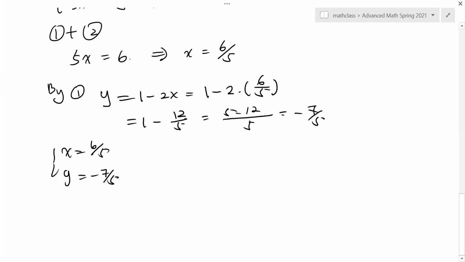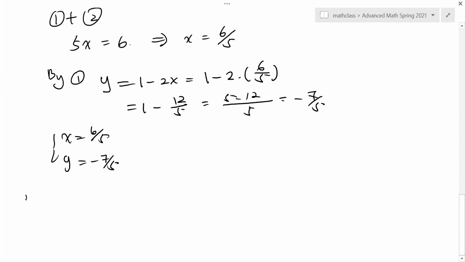Great. Now there are some other problems where it's not easy to use either method.